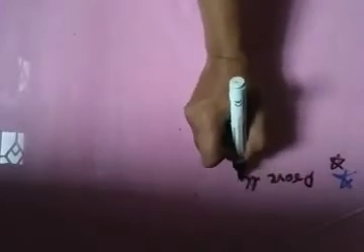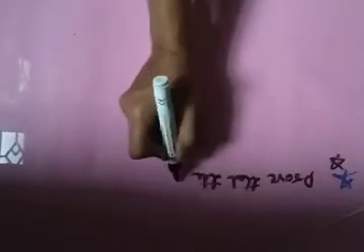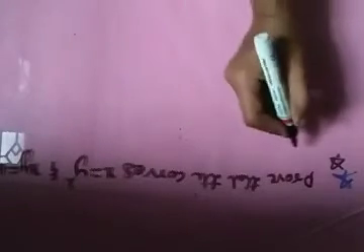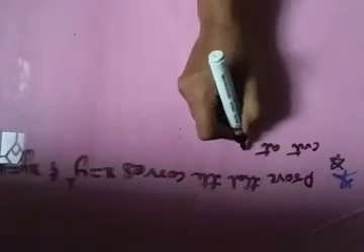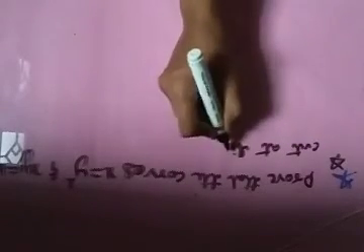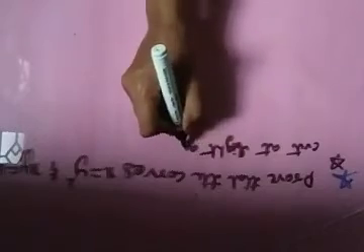Prove that the curves x is equal to y square and xy is equal to k cut at right angles if 8k square is equal to 1.